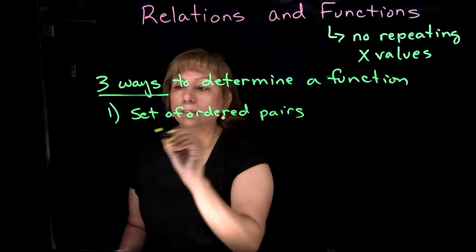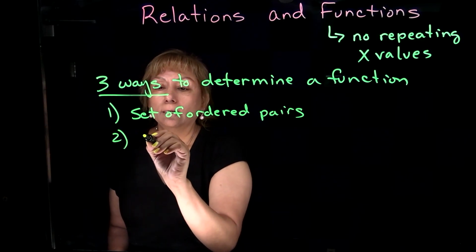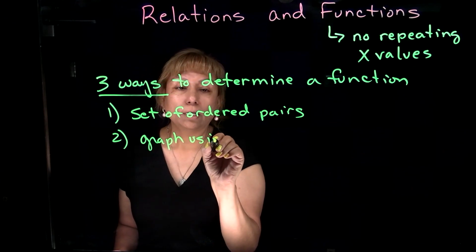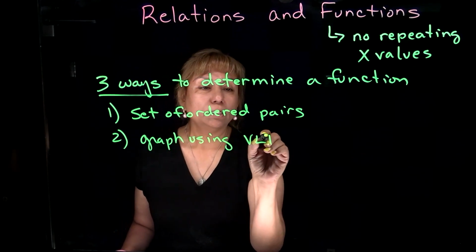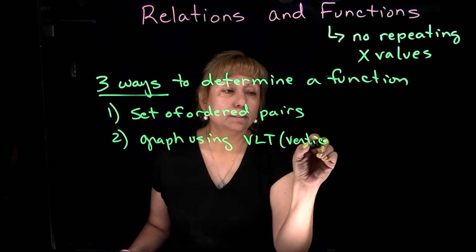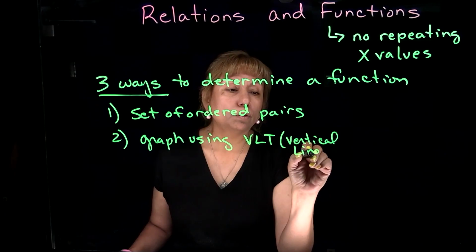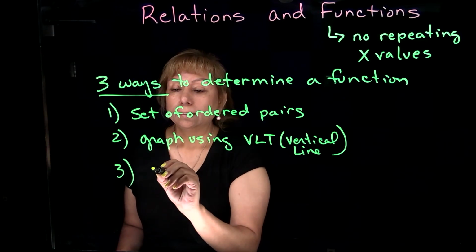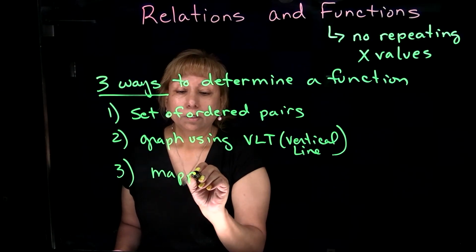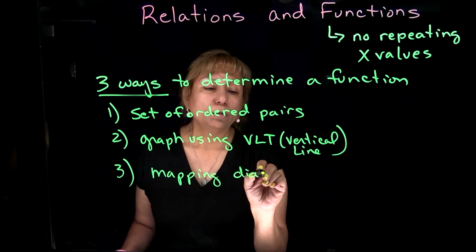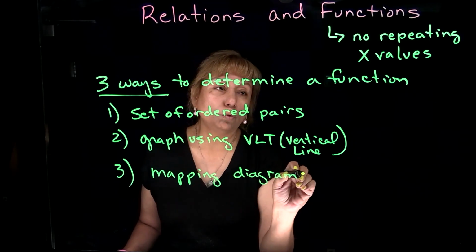The second, we look at graphs using the vertical line test, which we abbreviate VLT, and we only use it with graphs. And then the third is mapping diagrams. So we have three ways to test functions. We don't need to use all three, we just use one.